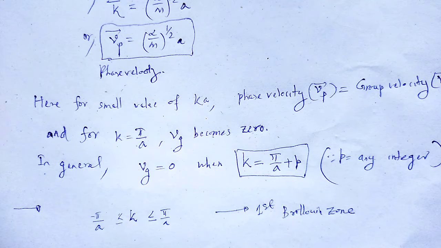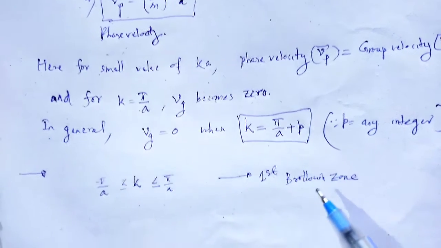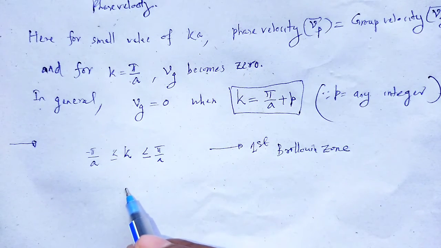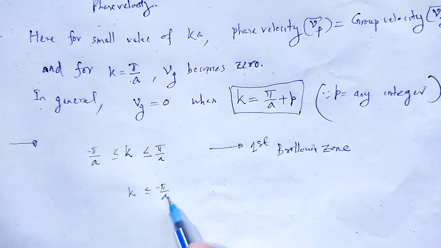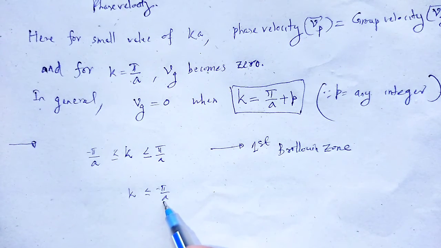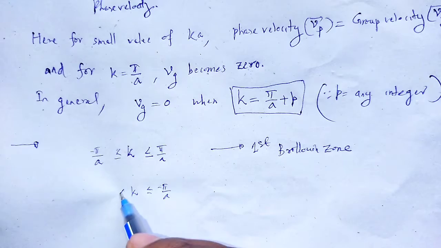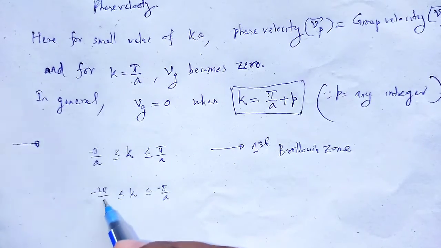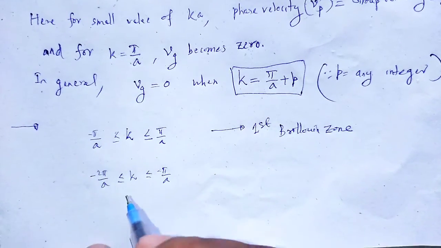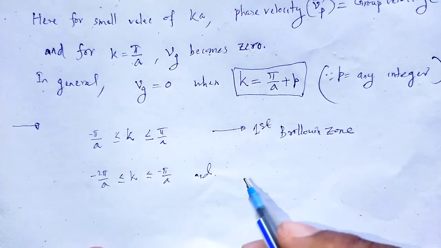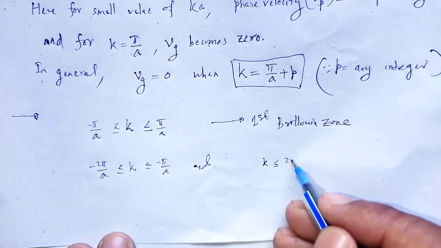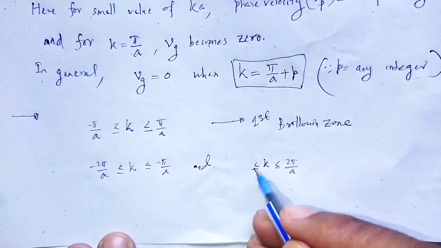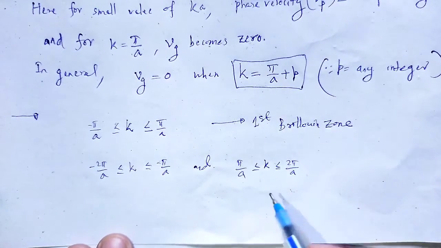Next, for the second Brillouin zone, k from minus pi by a to minus 2 pi by a, and k from pi by a to 2 pi by a.